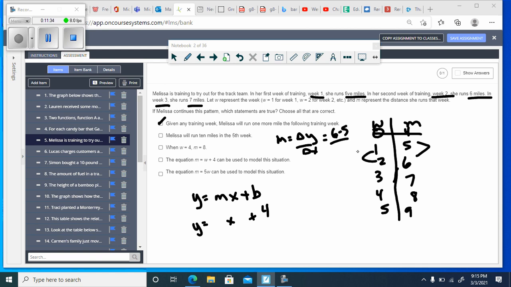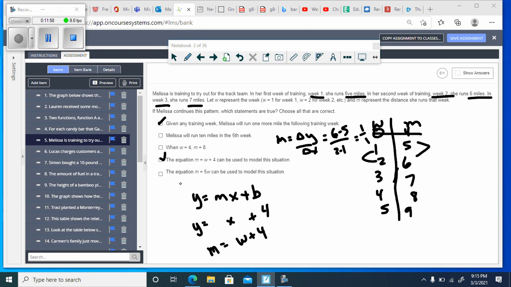The difference in our X values would be 2 minus 1. 6 minus 5 is 1. 2 minus 1 is 1. So our slope is 1. Y is equal to 1x, or just Y is equal to x plus 4. Remember, our Y is M. So M is equal to W plus 4.